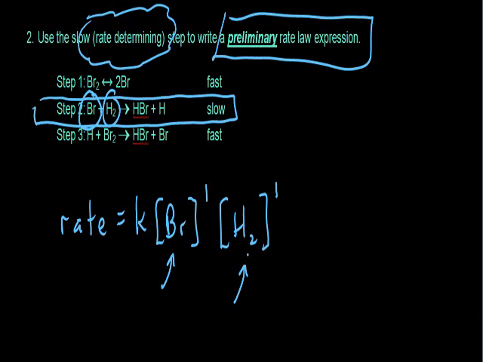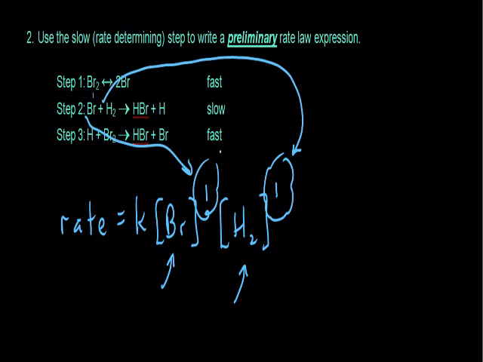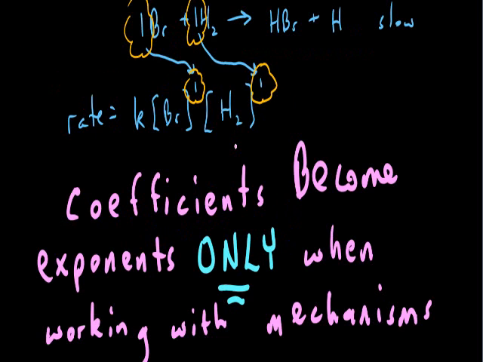And then a unique thing for preliminary rate law expressions is that the exponents, or our orders here, come from the coefficients in the balanced equation for the rate determining step. This is unusual in that it's only for a preliminary rate law expression that we use the coefficients in the slow step to create our exponents, or orders.